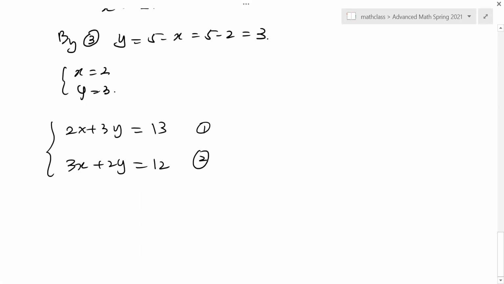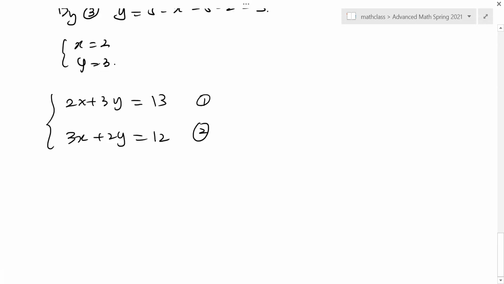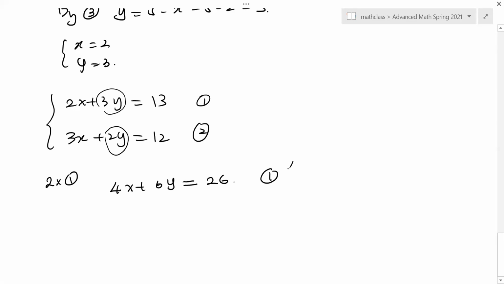I still want to use the elimination method, but I cannot just add them together. If I want to eliminate the y, I'm going to multiply the first equation by 2. So I get 4x plus 6y equals 26. Okay, that's equation 1 prime.